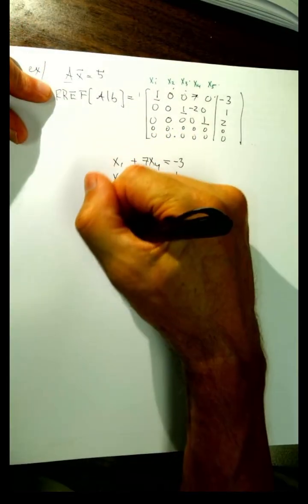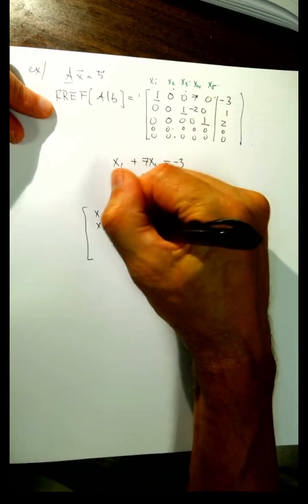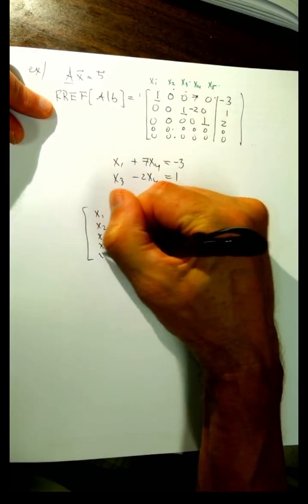So that says for my solution, my state is x1, x2, x3, x4, x5.